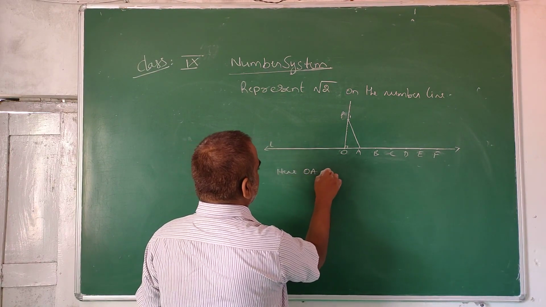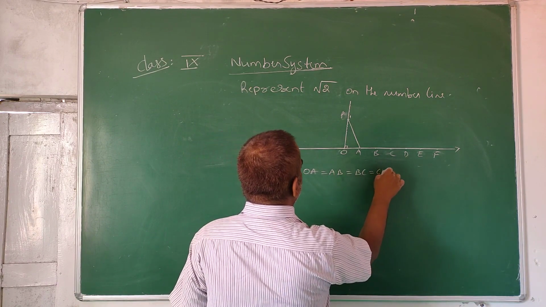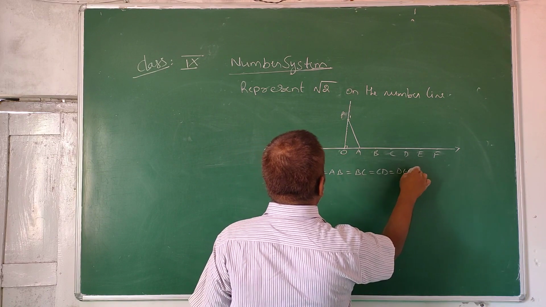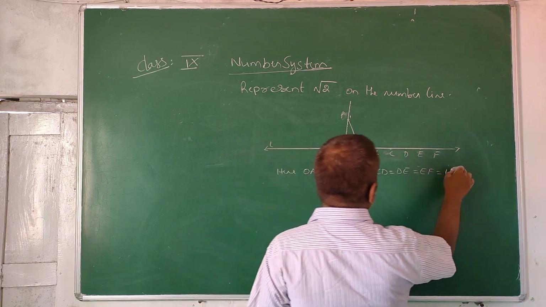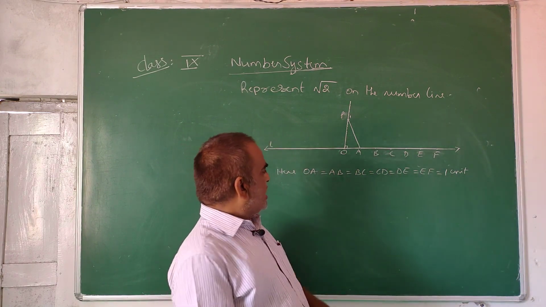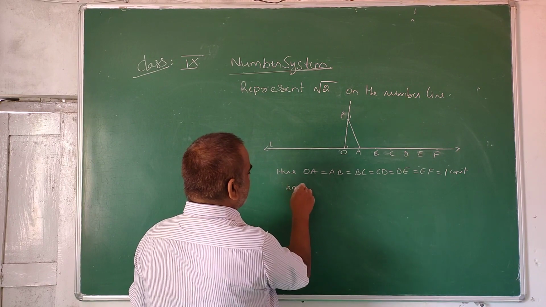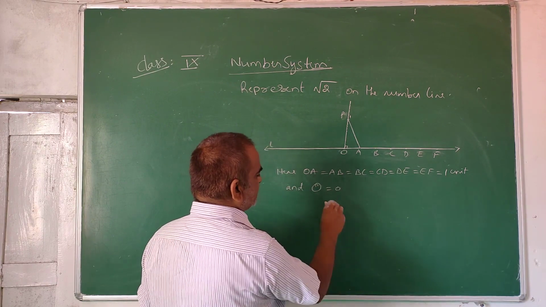this OA is equal to AB is equal to BC is equal to CD is equal to DE is equal to EF, each is equal to 1 unit. And O stands for 0. O stands for the number 0.